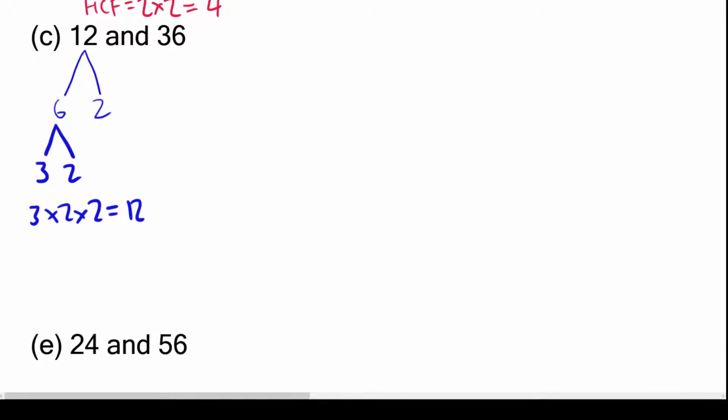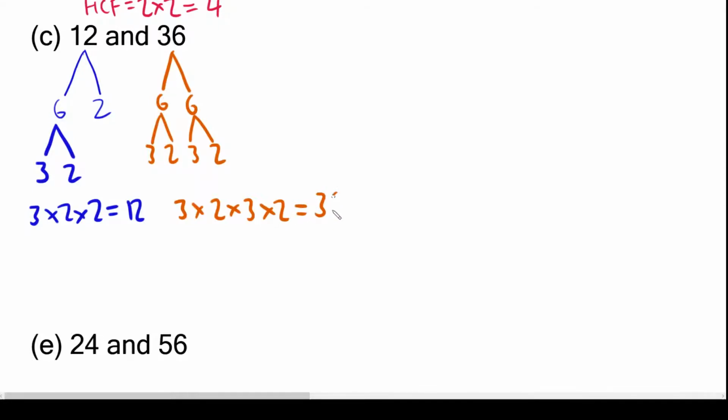Okay, and for 36: 6 times 6 gives 36. Then we're going to have 3 times 2 and 3 times 2. So we'll have 3 times 2 times 3 times 2 to give us 36. Then we look to find the highest common factor. We look at what's the same.